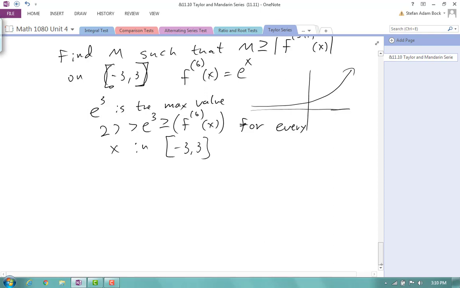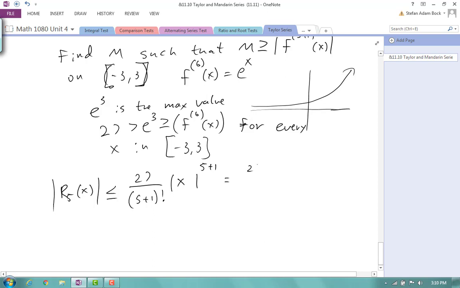Then the maximum error for my Taylor series will be less than or equal to my M, which is 27, divided by 5 plus 1 factorial times x minus a, which is 0, to the 5 plus 1, which is equal to 27 over 6 factorial times x to the 6th.